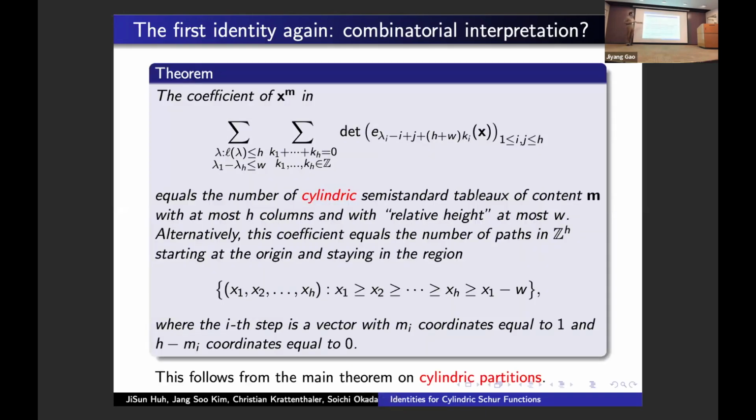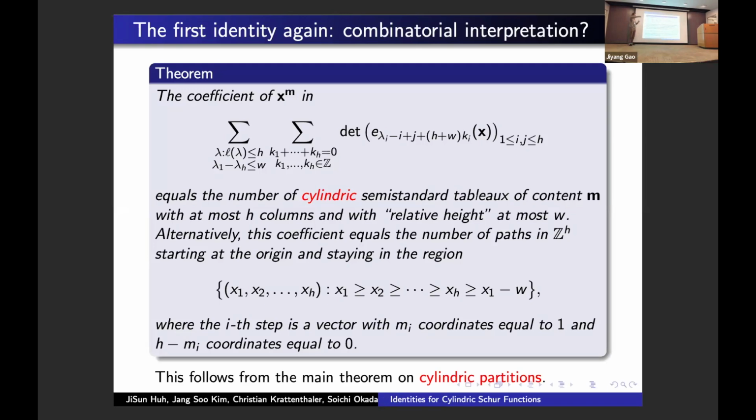And so since time is running out, yes, there is one. If you extract the coefficient of x to the m, this is multi-index notation, in the left-hand side, then this equals the number of cylindric semi-standard tableaux.